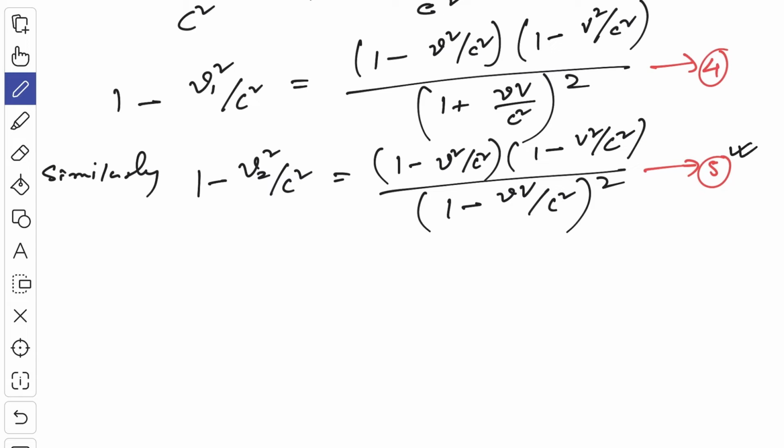Now here you see, if you divide equation number 5 by 4, then these two terms will be cancelled, these two will be cancelled.